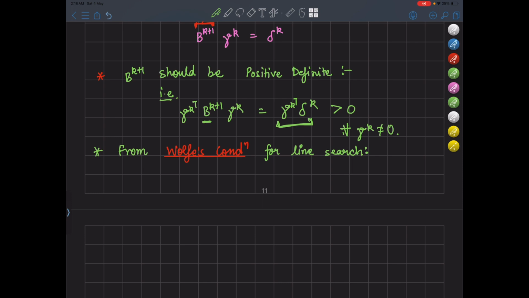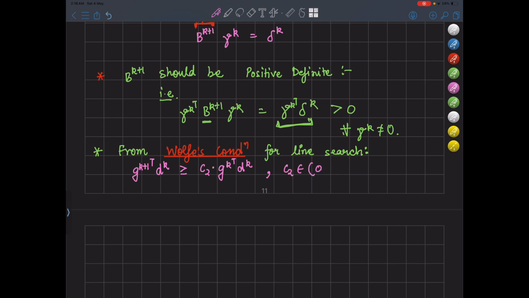It says gk plus 1 transpose dk should be greater than or equal to c2 times gk transpose dk, where c2 belongs to c1 to 1.